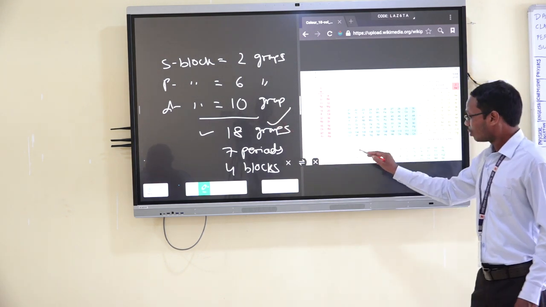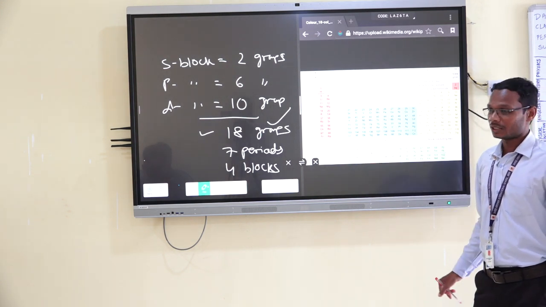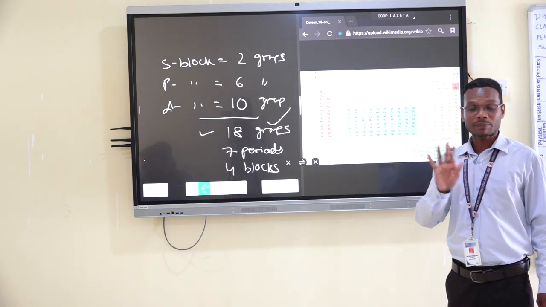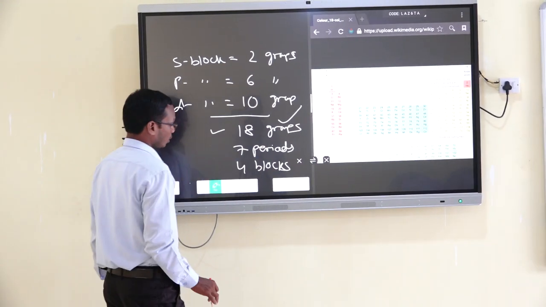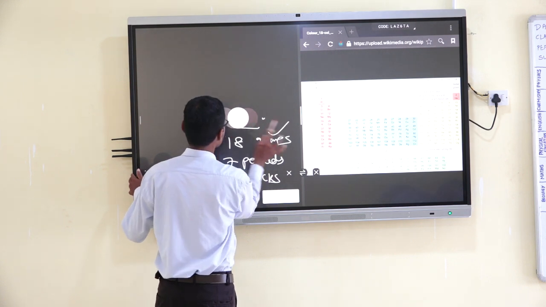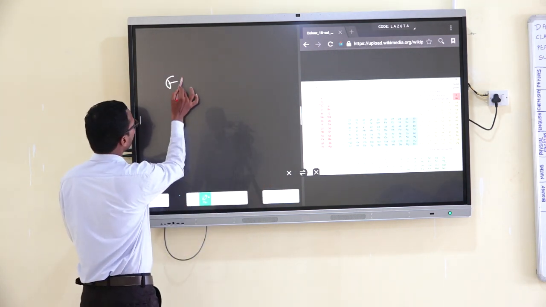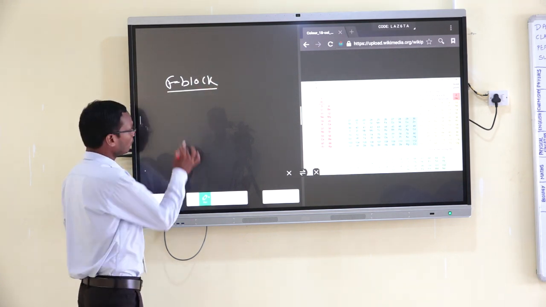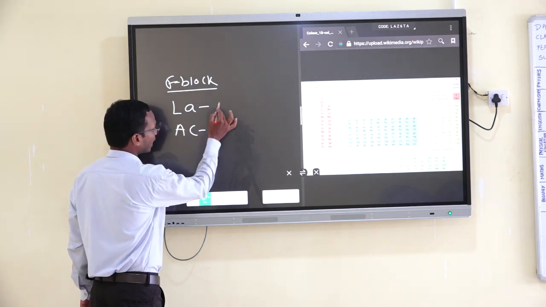Then what about the lanthanide and actinide series? The lanthanide and actinide series is the F block, and there is no separate group. It consists of lanthanum and actinium.